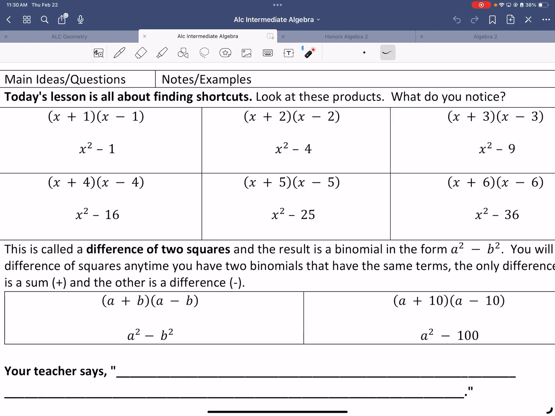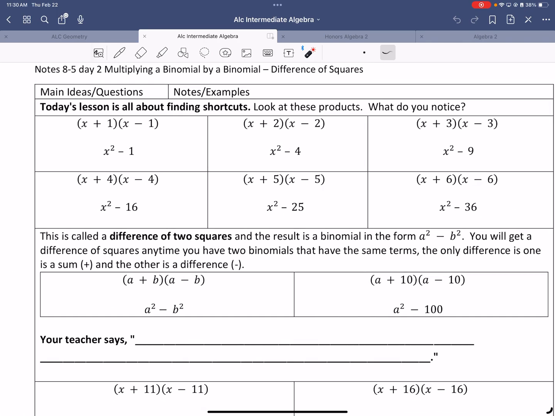What term's gone? Something in the middle, right? That middle piece, yesterday we had like 3x or 5x. So that x term is gone. And that happens anytime you have what we call a difference of squares. So this is a shortcut. These are called differences of squares, and the result is a binomial in the form a squared minus b squared.